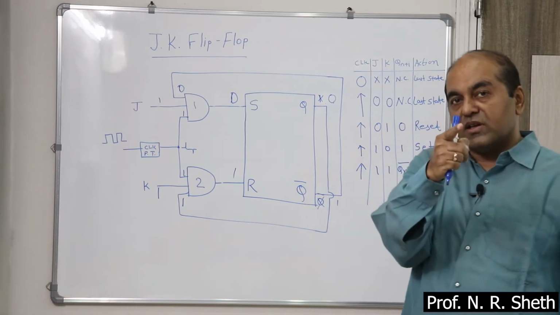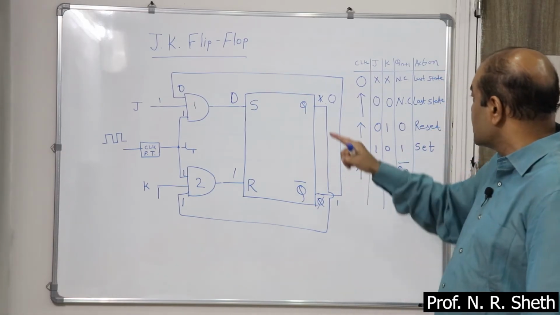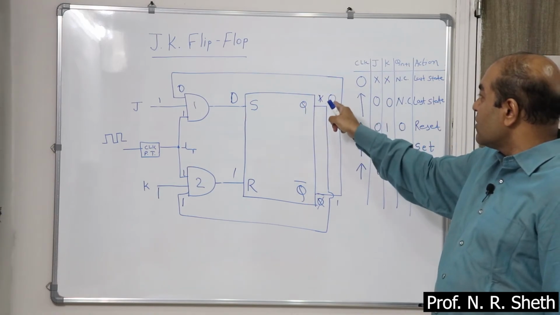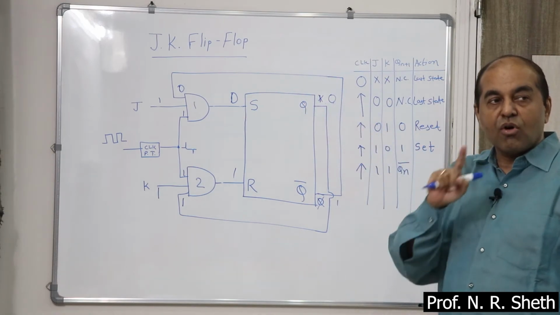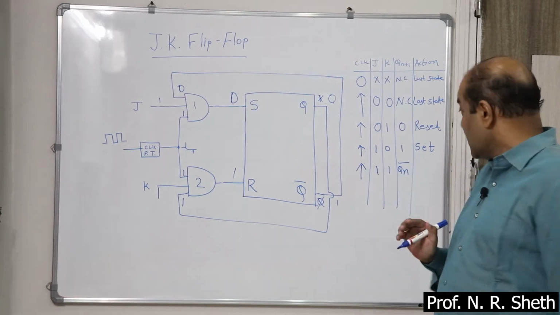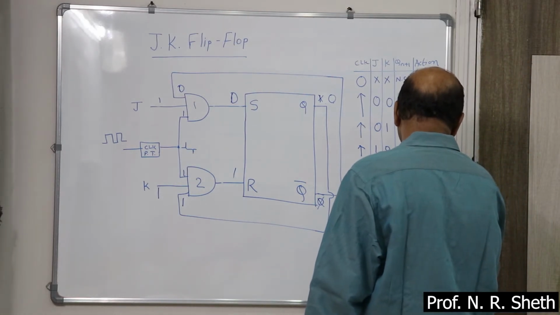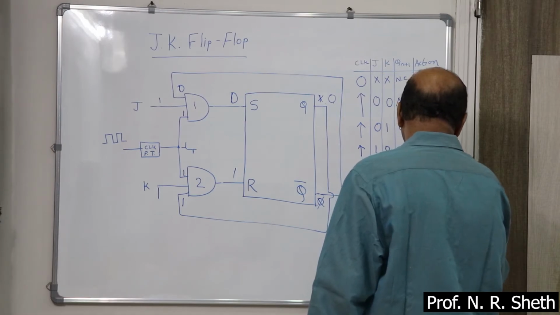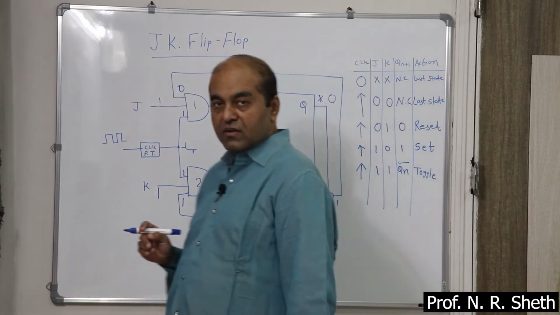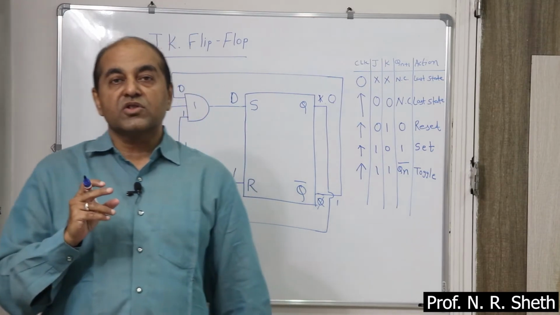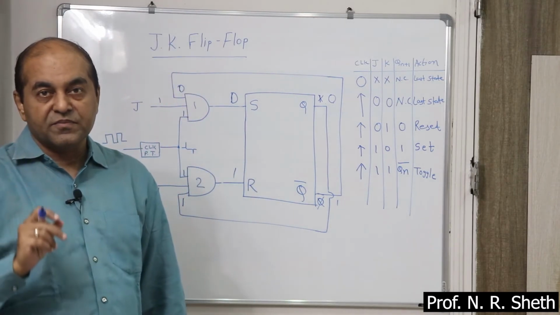In previous stage, Qn is 1. Now after the pulse it becomes 0. So opposite to the previous state. And that is known as toggle. A very important word. Toggle. Toggle means switch to opposite state.